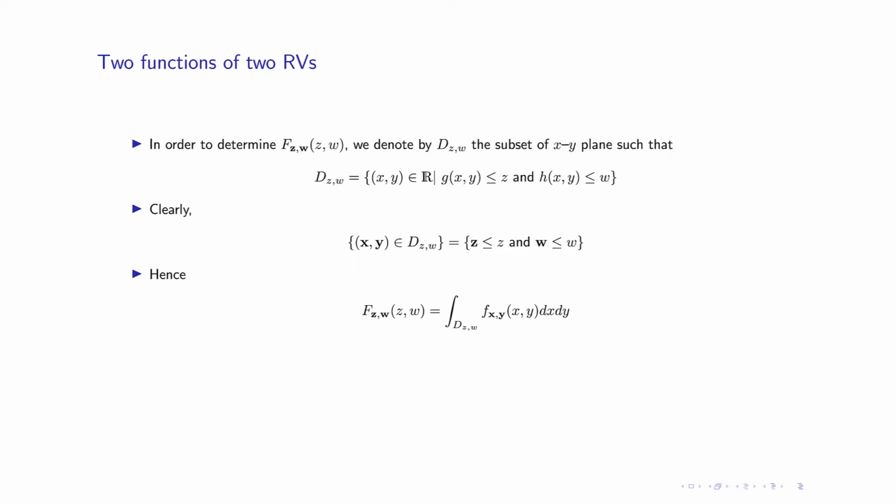Therefore the joint CDF, which is the probability that Z is smaller than or equal to z and W is smaller than or equal to w, is the probability of this event, and because this event is equal to this, you need to do a double integral over this area. Remember that D_ZW is an area in the XY plane, a subset of the 2D plane.